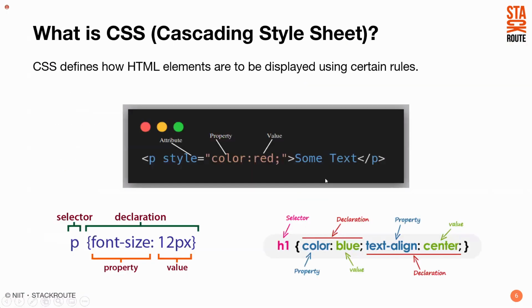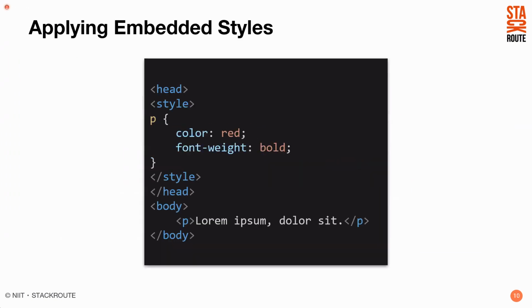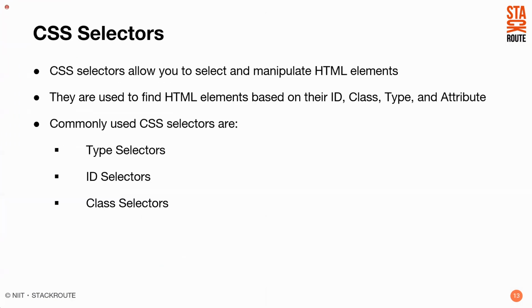Can you relate now? So this is the selector and this is the declaration. We have three styles, and you can apply either by using the direct type, or hash, or dot.